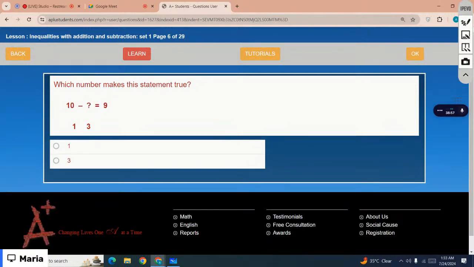Okay, which number makes the statement true? 10 minus what number is equal to 9?